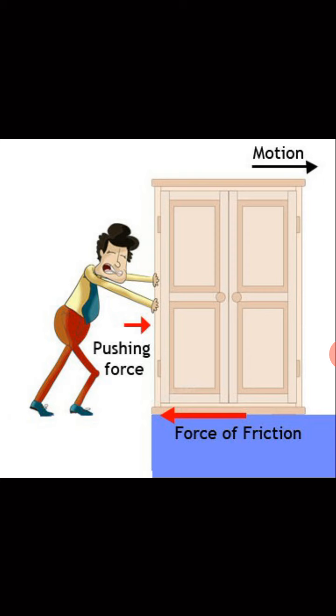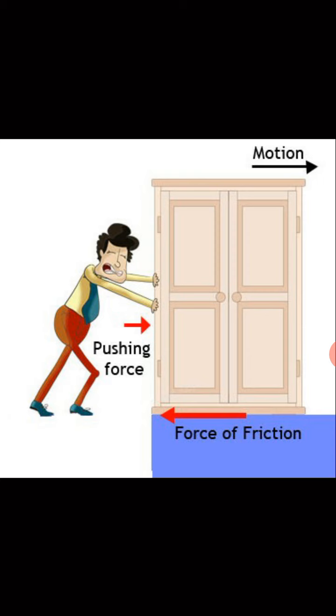Yes, and the next effect of friction we had seen is that it opposes the motion. When an object is moved on a surface, of course the person will need force to push, but then friction opposes the motion. The force of friction acts in the opposite direction of the motion.